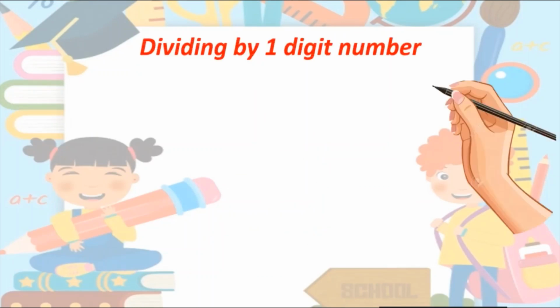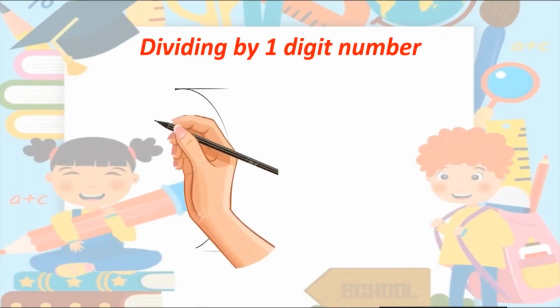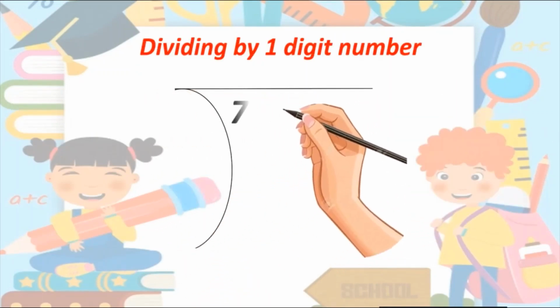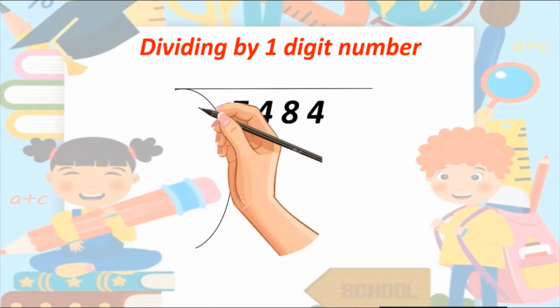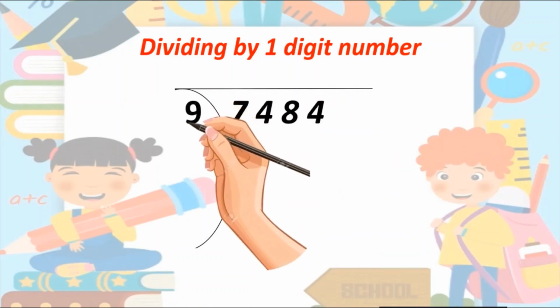Let us take another example. 7484 divided by 9. Here again, the first digit of the dividend is 7, which is less than the divisor, and the divisor is 9 here.